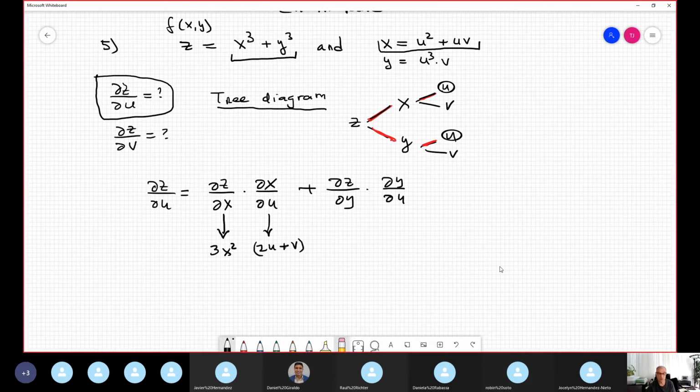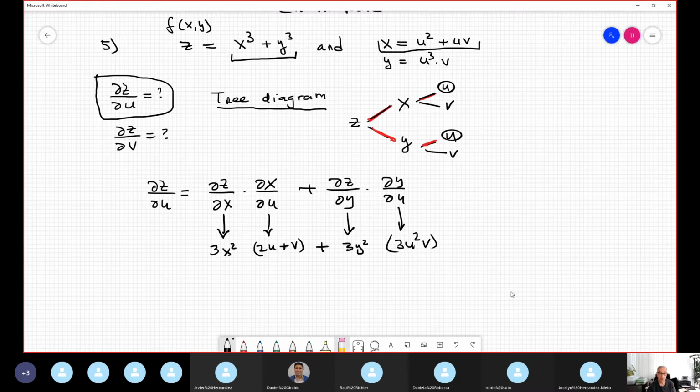A multiplication of this and this. Plus differentiation of z with respect to y is similar, but 3y squared. Differentiation of this with respect to u is 3u squared v. 3u squared v. Okay, and this is the answer, no?